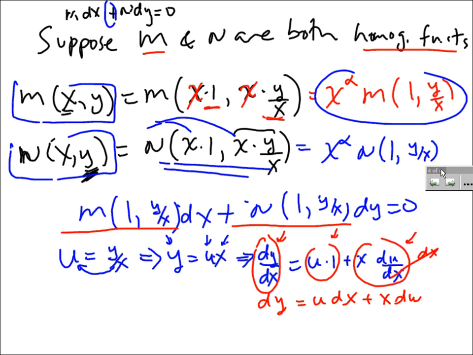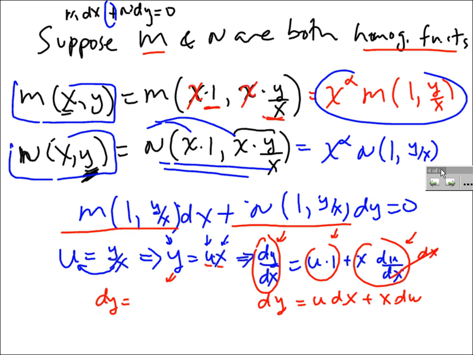Now, let me show you how easily you can do that. Instead of writing dx on the bottom, I take just differentials. When you take the differential of y, you get dy.